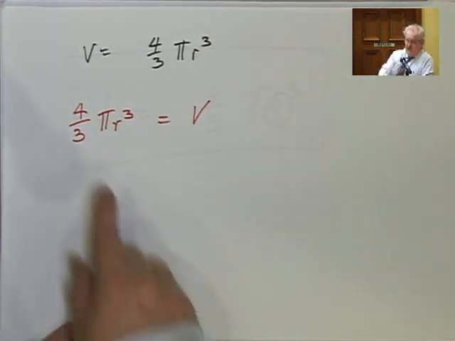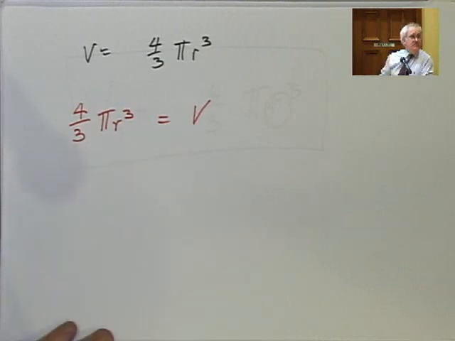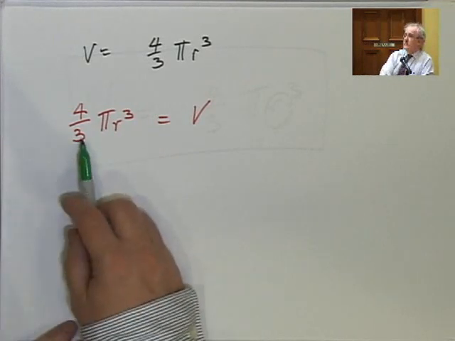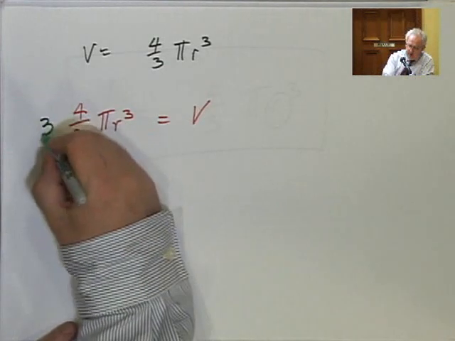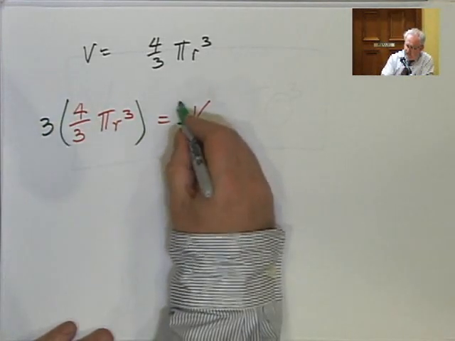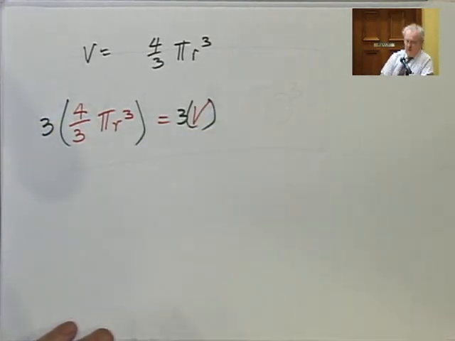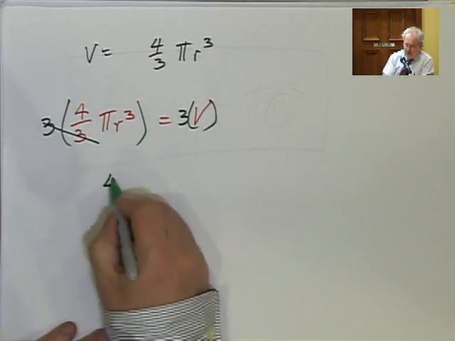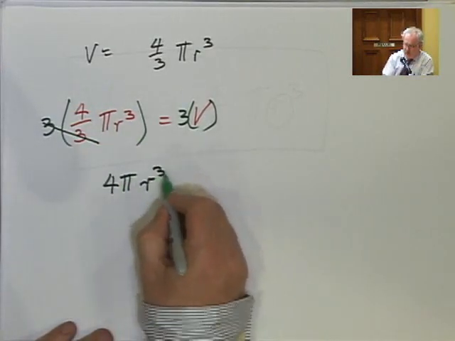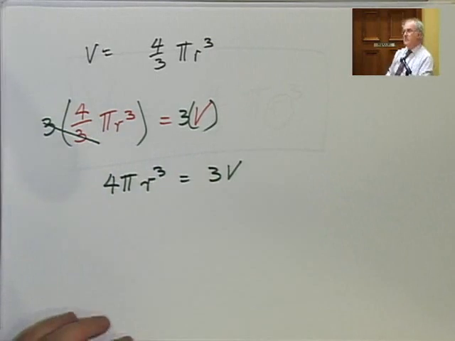That's good. But it's covered with a whole lot of mess here, isn't it? What's the 3 doing there? Is that dividing? How do we get rid of it? Multiply. So 3 times this would be 3 times that. They'd cancel. We'd get 4 pi r cubed is 3V.